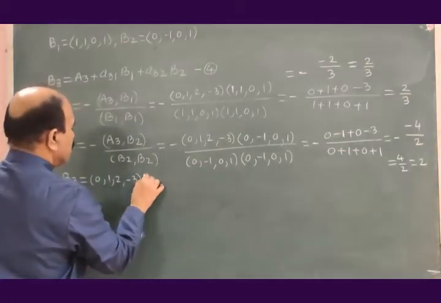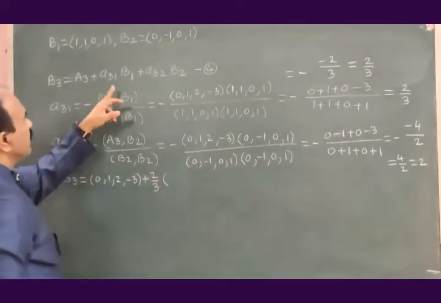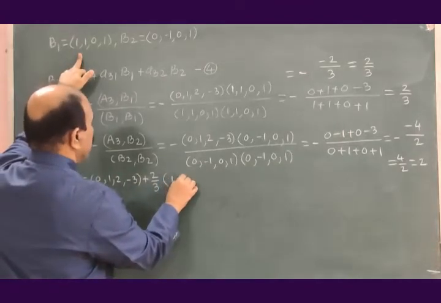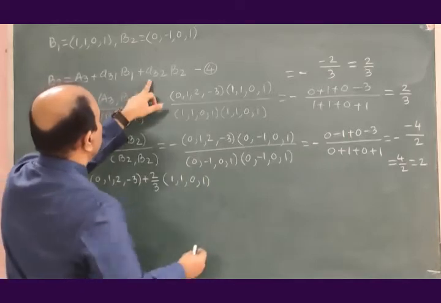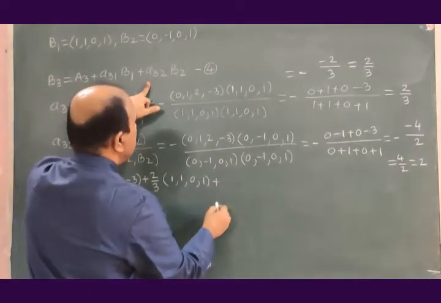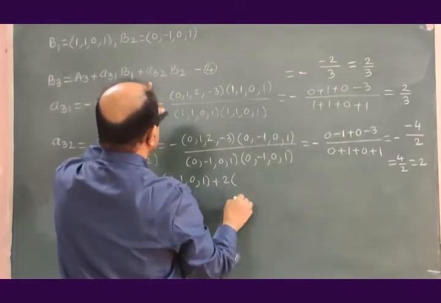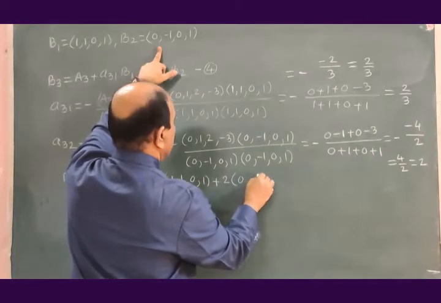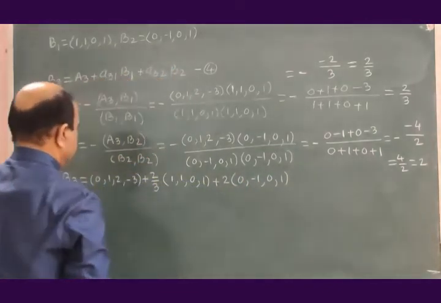A31 is what? 2 divided by 3 into B1. B1 is this, 1, 1, 0, 1, plus A32. A32 is 2, 2 into B2. B2 is this, 0, minus 1, 0, 1.